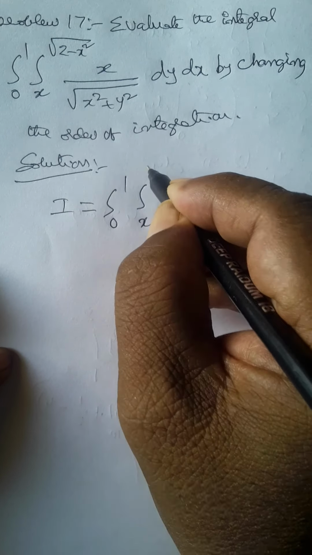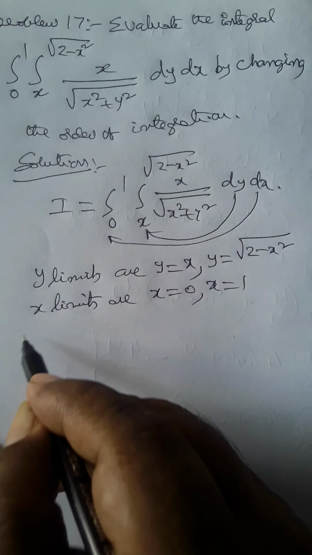Here y limits are y is equal to x, y is equal to root 2 minus x square. X limits are x is equal to 0, x is equal to 1.